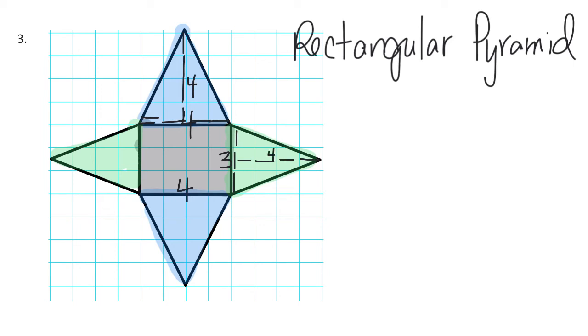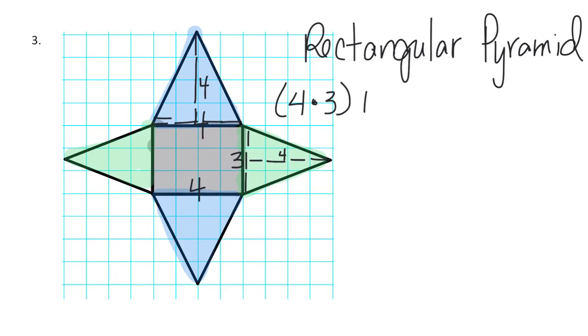So when I write my expression, I'm going to start with my rectangle. 4 times 3. And I only have one of those. Plus my blue triangles, 1/2 times a base of 4 and a height of 4.